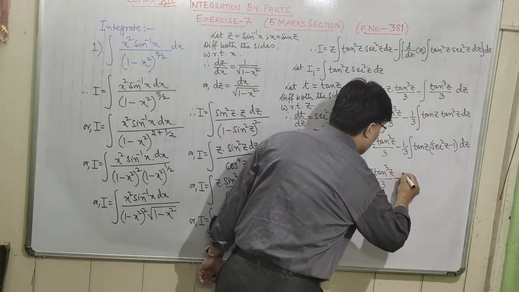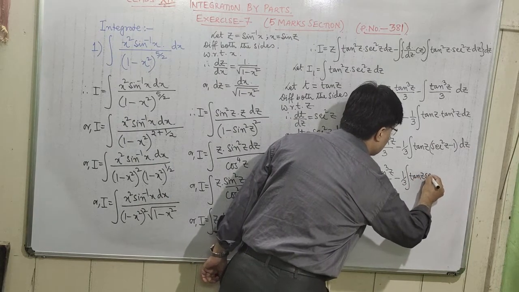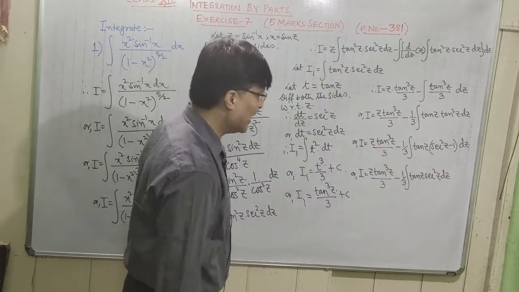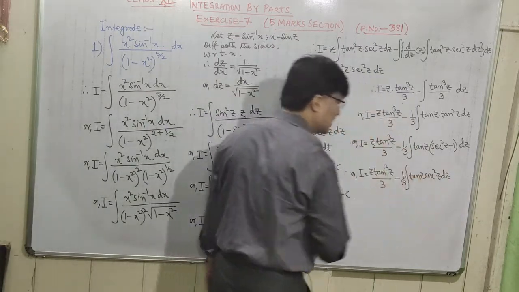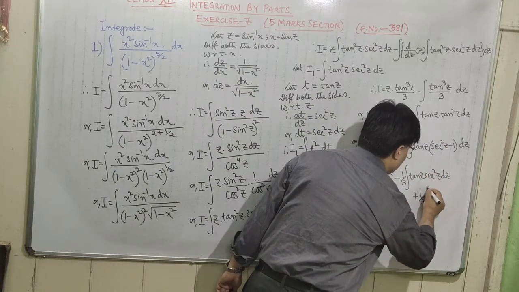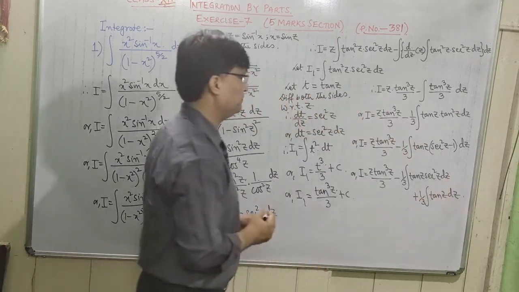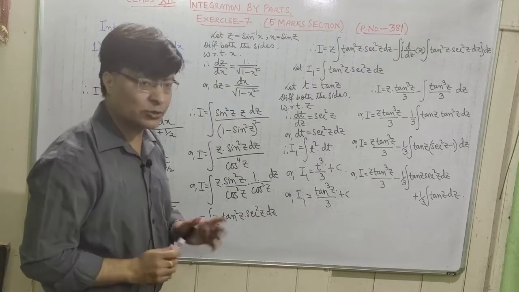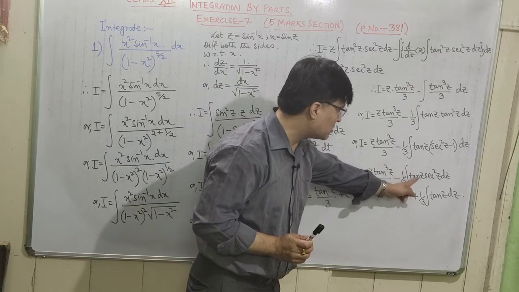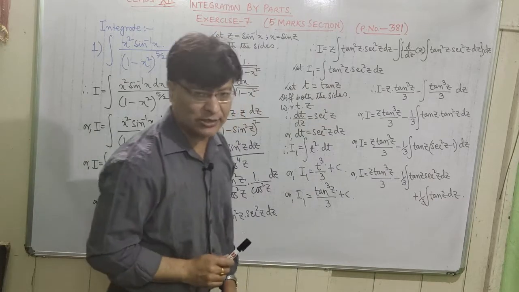So minus 1/3 integration of, this is your tan z sec square z dz. All right. So as there is no space out there, let us write it in the next step. So minus into minus is plus. So this is 1/3 integration of tan z dz. So I think you have understood it. So we have got I as z tan cube z by 3 minus 1/3 integration of tan z sec square z dz, minus into minus plus 1/3 integration of tan z dz.